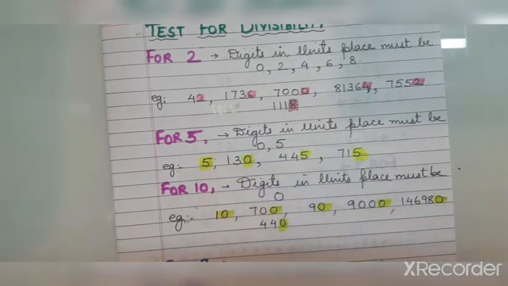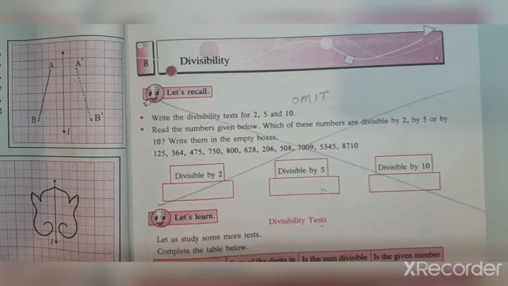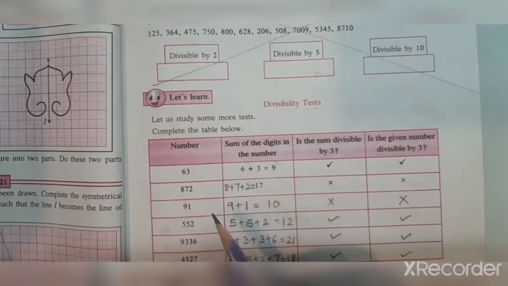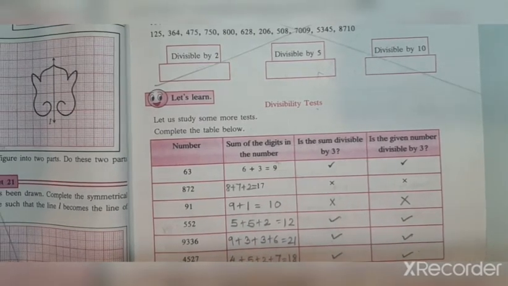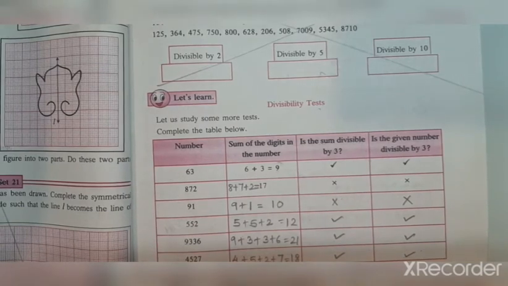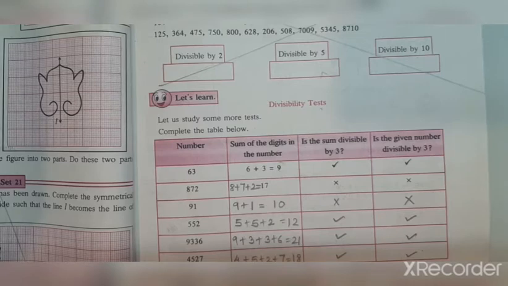Now we are going to study the test for divisibility for a few other numbers. In this chapter, on page number 43, we are going to study the divisibility test for 3. Now how are we going to see whether a number is present in the table of 3, or if the number is divisible by 3?